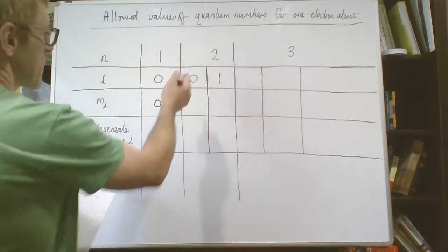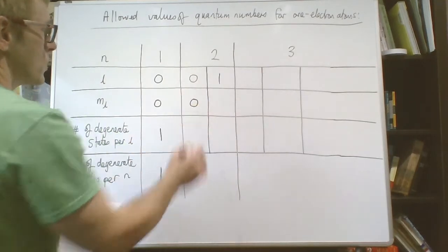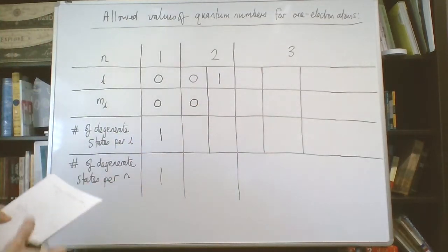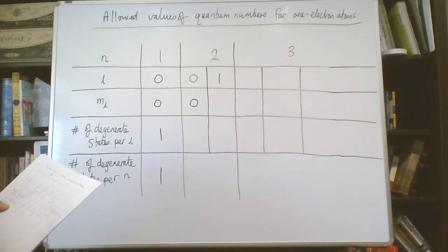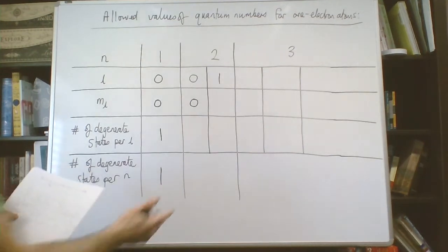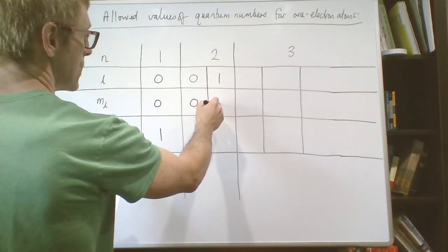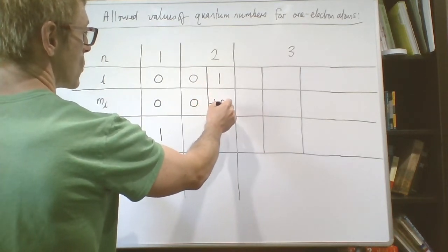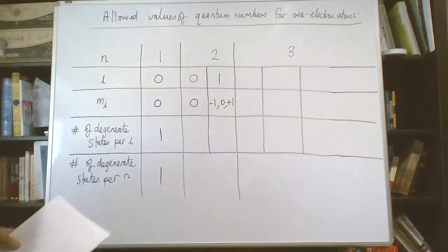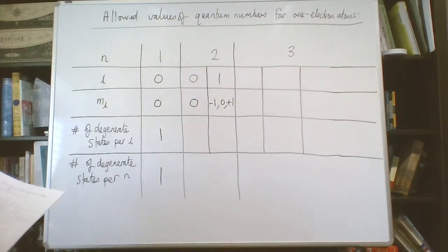If they're in the s block, L is 0, so the magnetic quantum number is 0. If they're in the p block, L is 1, and there are 3 p orbitals, so ml can have 3 values: -1, 0, and +1.